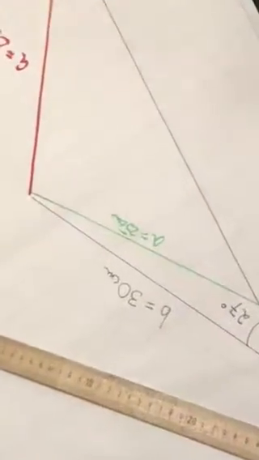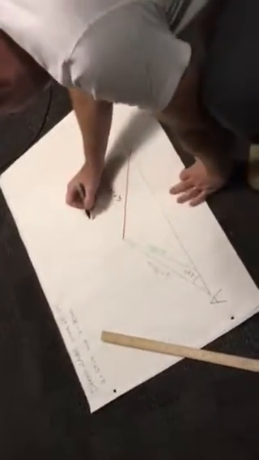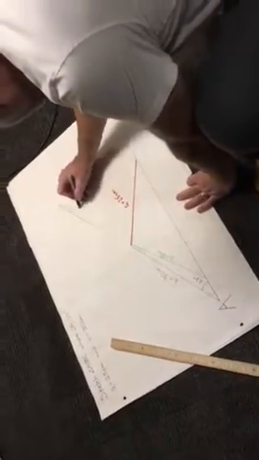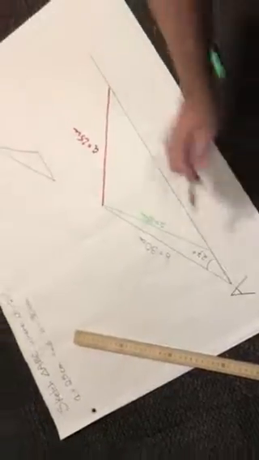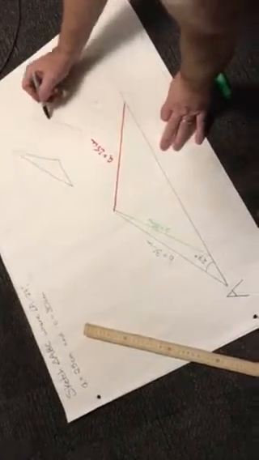And so you could be perplexed because there are two different triangles that could be drawn with that given information. We have the one small triangle that would look like this, or we have the one large triangle that would look like this.